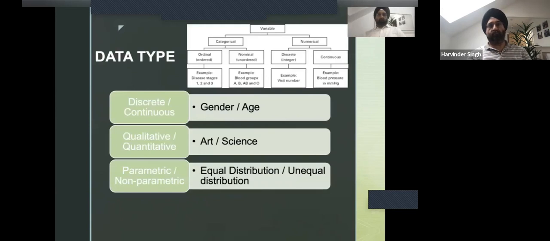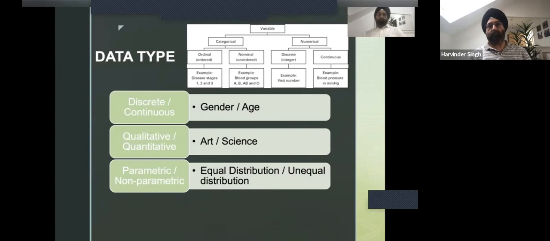So these variables can be of various types. They can be categorical. You need to know what kind of variable you're studying. Is it an ordinal categorical data, which is ordered like disease stages 1, 2, or 3, or is it unordered nominal categorical data, like blood groups A, B, and O?